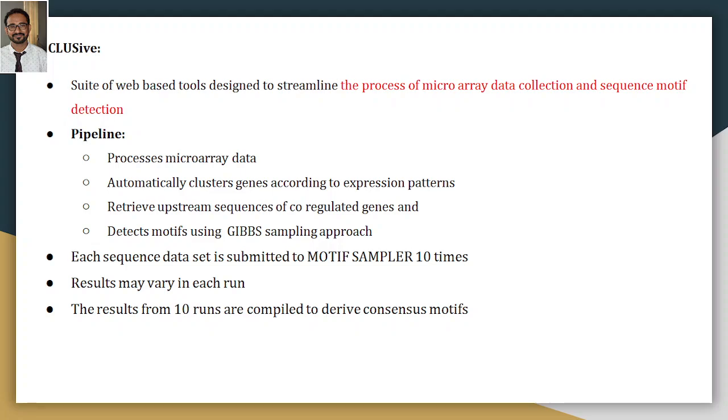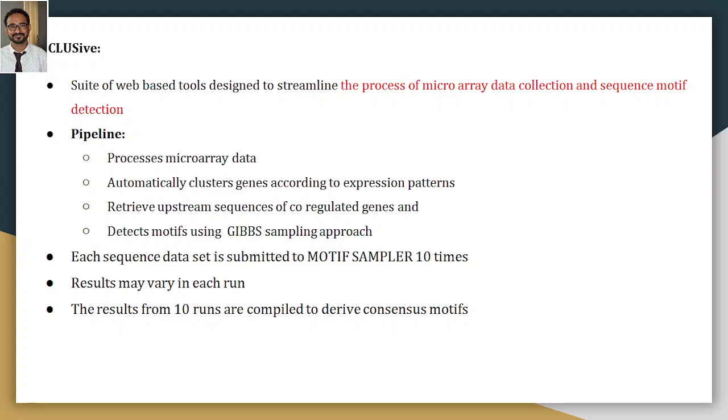The pipeline starts by processing microarray data, it gets the data first. Next it automatically clusters genes according to the expression patterns. Next, it retrieves upstream sequences of the co-regulated genes, takes out only the co-regulated genes, and then detects motifs using the Gibbs sampling approach.